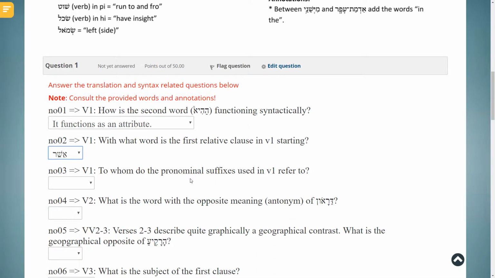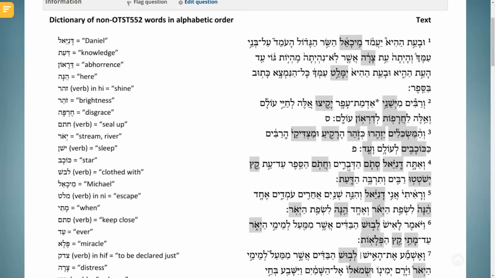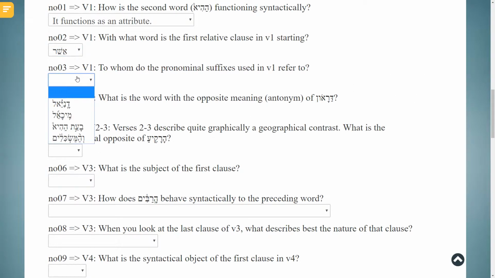And to whom do the pronominal suffixes used in verse 1 refer? So you have to define the pronominal suffixes, here the second person, amecha, and find out to whom they refer. There is no translation given, so it's really just the Hebrew words.